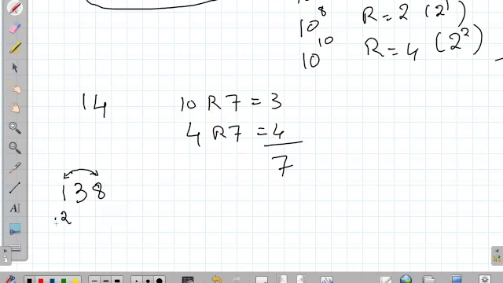And 8 will leave a remainder of 1. And the tens place we will have a remainder of 3. So 3 threes are 9. Then I will be left with a remainder of 2. So 9 plus 2 is 11. 11 plus 1 is 12.